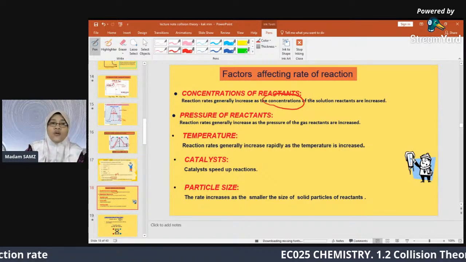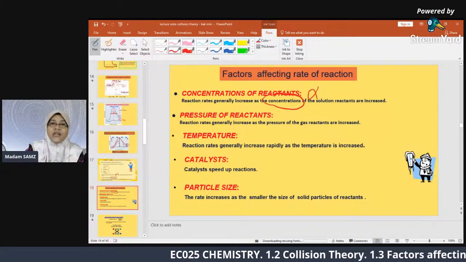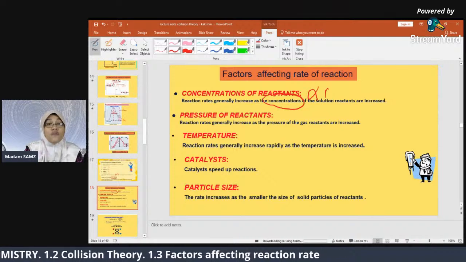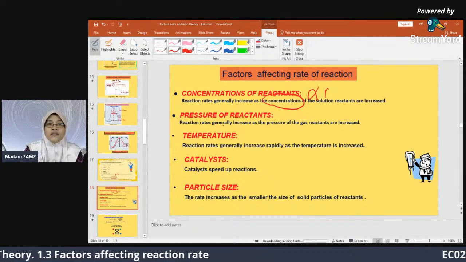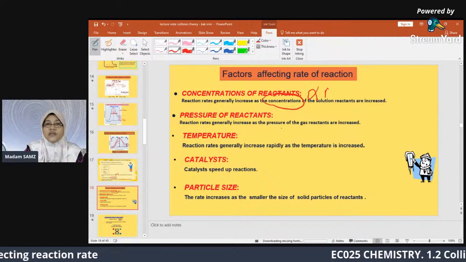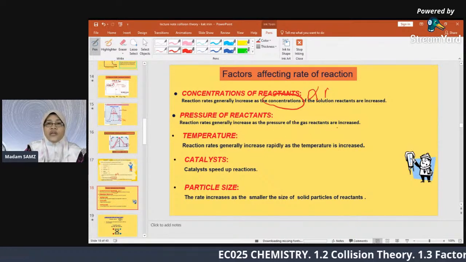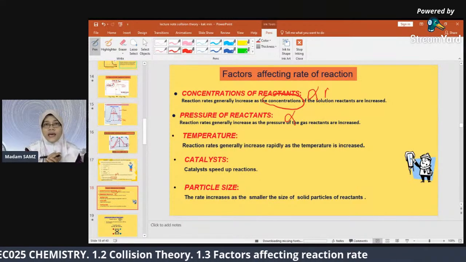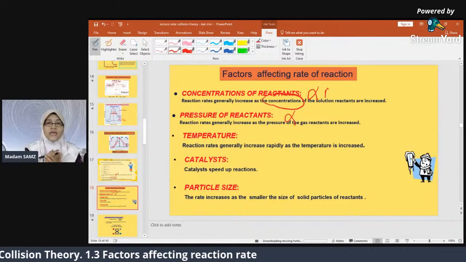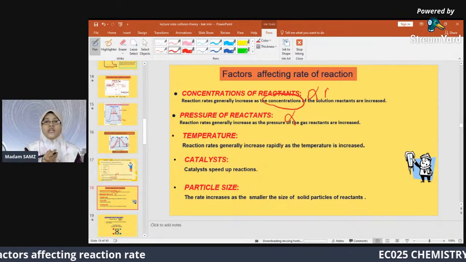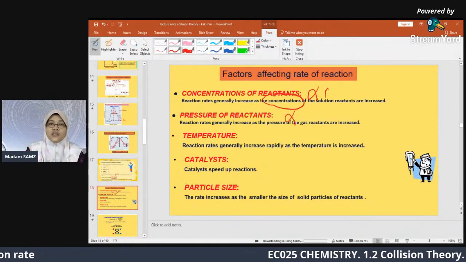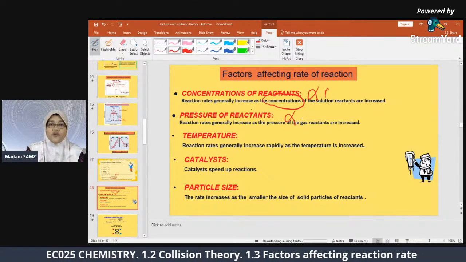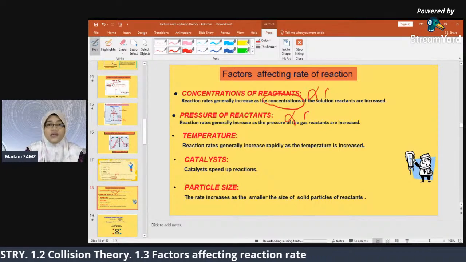So we can conclude concentration is directly proportional to rate. Next, the pressure of reactant. Generally, pressure applies when we use a gas reactant. For example, if we compress the container of gas reactants, the formation of product becomes faster. So for a gas-phase reactant, if you increase the pressure, the rate also increases.